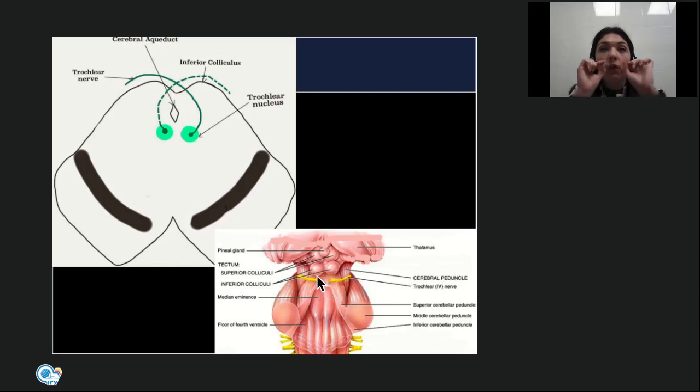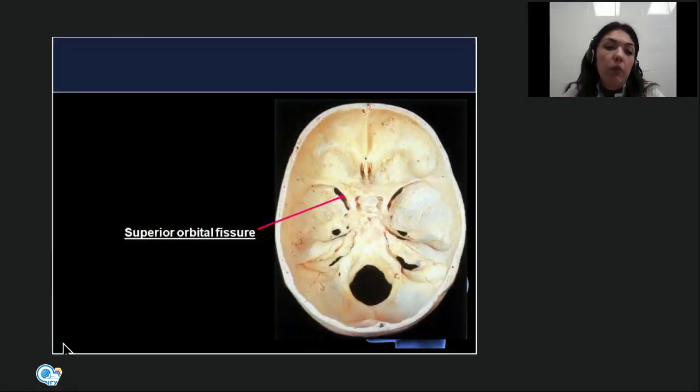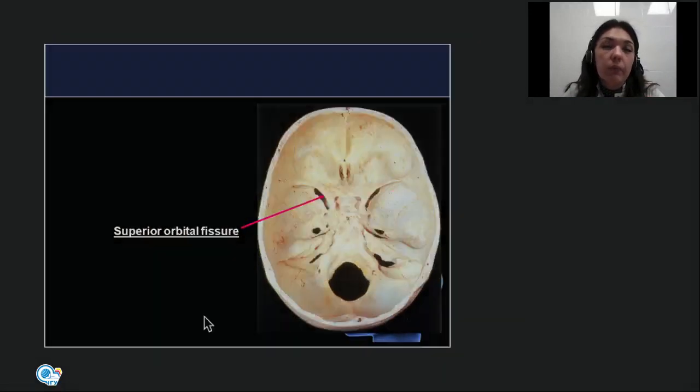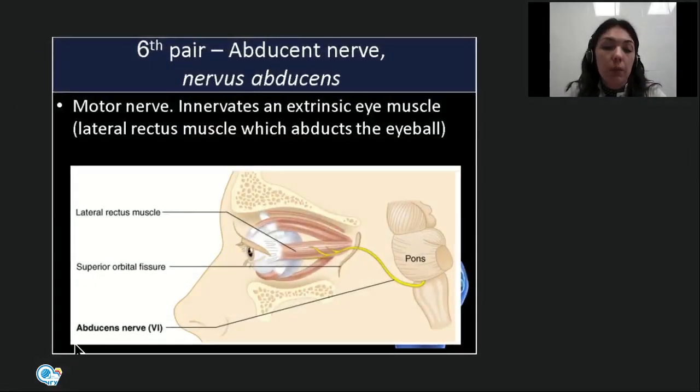After that it surrounds the cerebral peduncles from the lateral side, and then it moves anteriorly to the superior orbital fissure. It passes through the superior orbital fissure, and it supplies the superior oblique muscle of an eyeball.